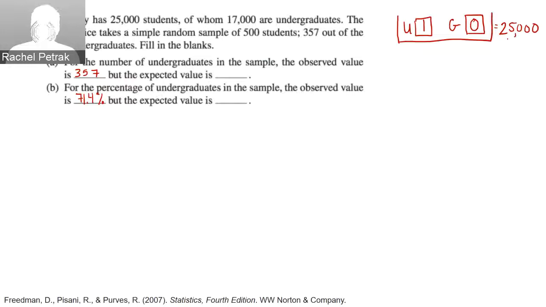Very good. And we already know the proportions of the tickets in this box. Here, there's 17,000 undergraduates, and the rest are not undergraduates, or 8,000.